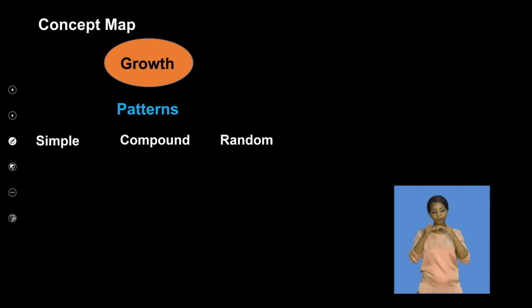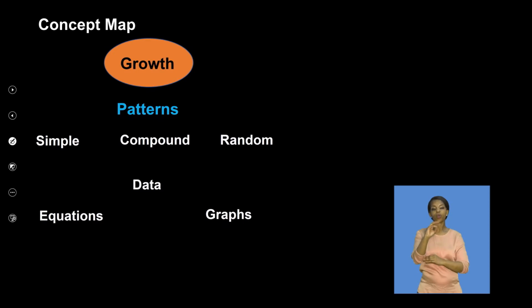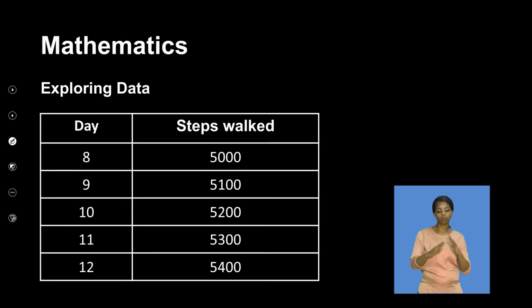And then under patterns, remember there were three types: our simple, compound, and random. And then data, we had the concept of equations and graphs, so we can explore data using equations or explore data using graphs. Now with simple, remember our example of the exercise, which was the steps walked.